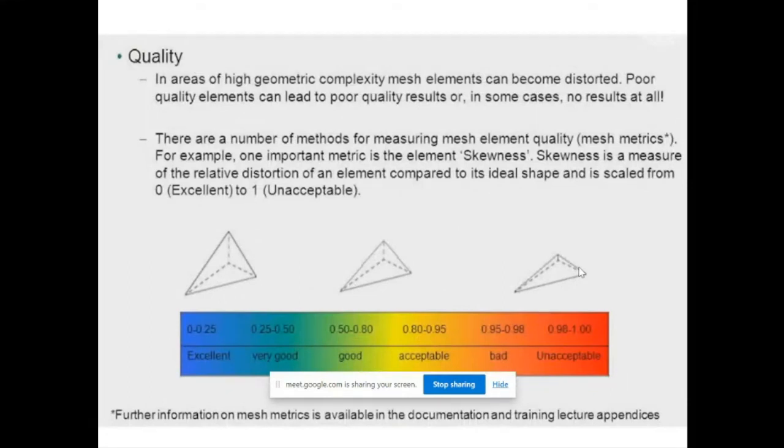Okay. So here you can see that this is the unstructured mesh, tetrahedral mesh. Here you can see this mesh looks very excellent because all the dimensions are in a good ratio. But here you see this length is very small. So this mesh is not good.